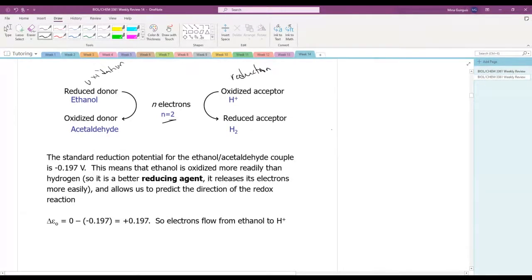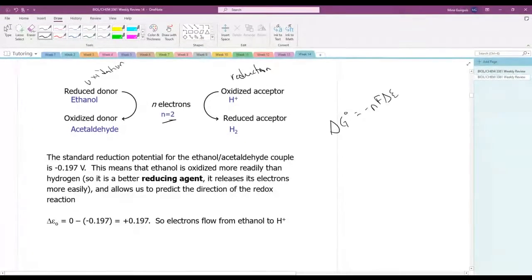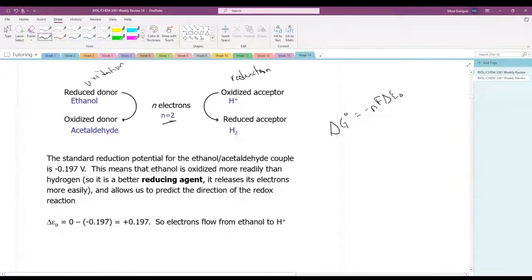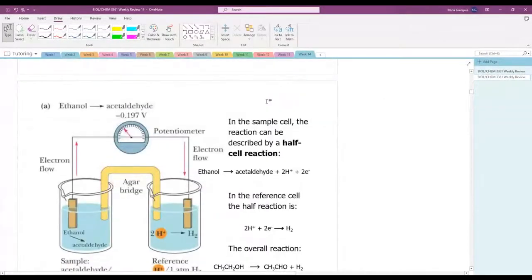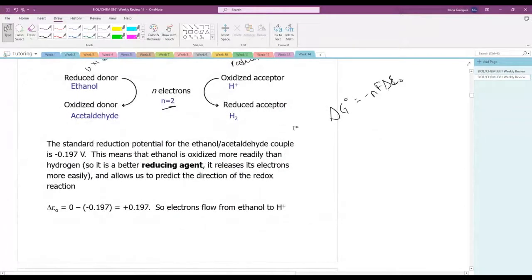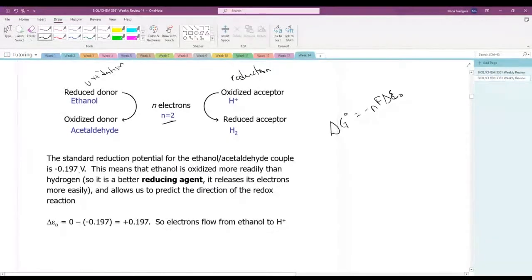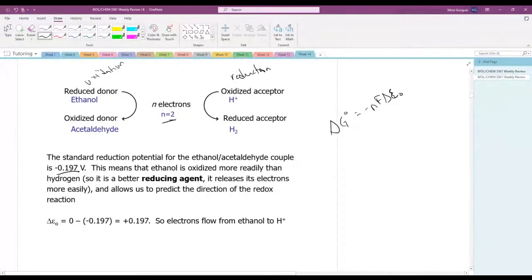So when I put together my delta G naught formula, and we'll stick to delta G naught, although this could also be delta G naught prime, I have negative n F delta epsilon naught. The first thing to point out is that the potentiometer shows negative 0.197. That tells me that the standard reduction potential of this redox couple is negative 0.197.